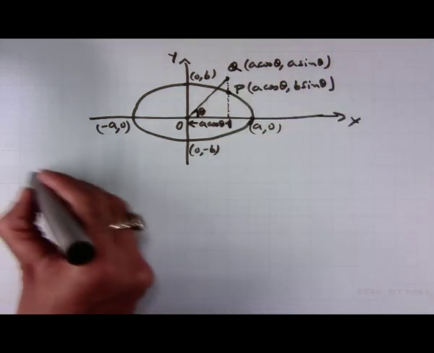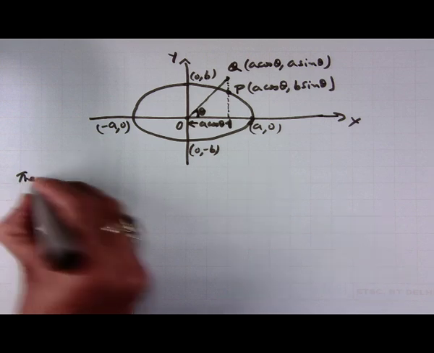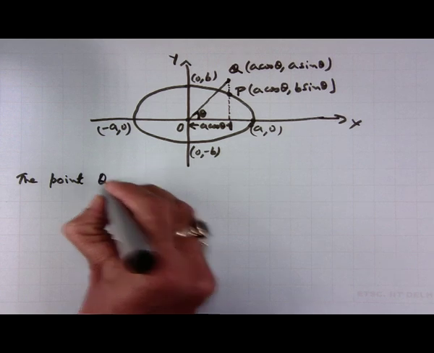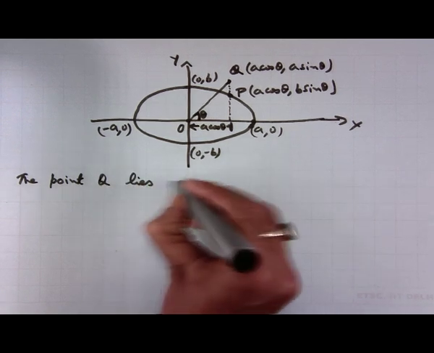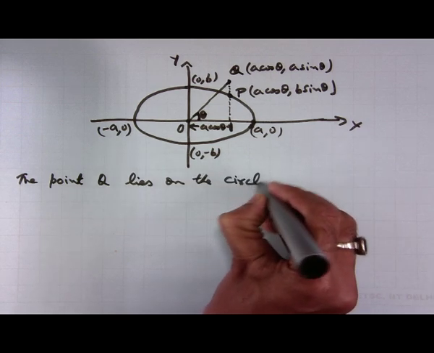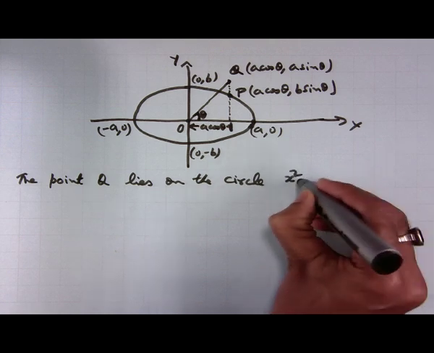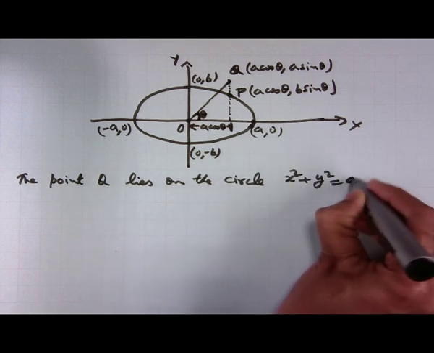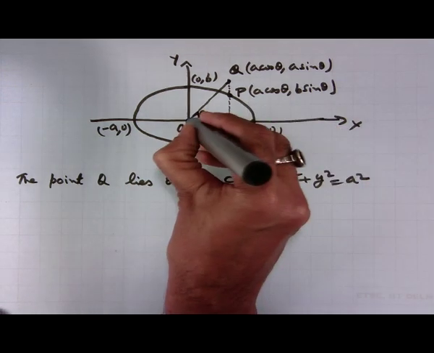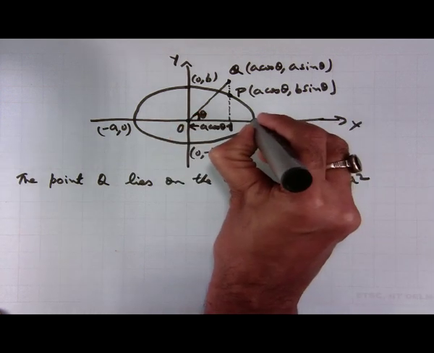So, the point Q lies on the circle x square plus y square equal to a square. So, this is the circle which is again centered at the origin, but the radius is equal to a.